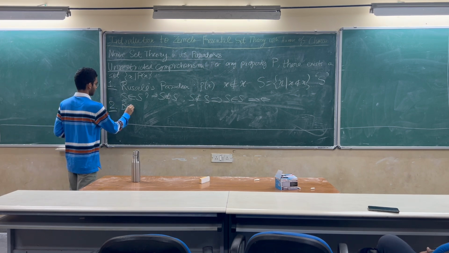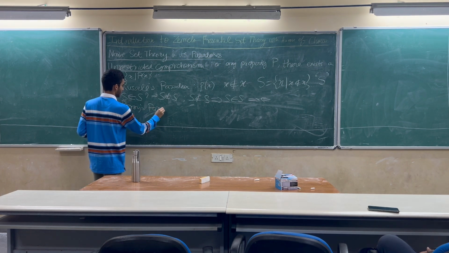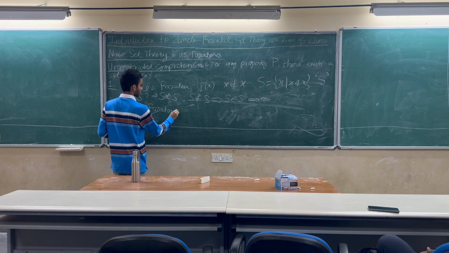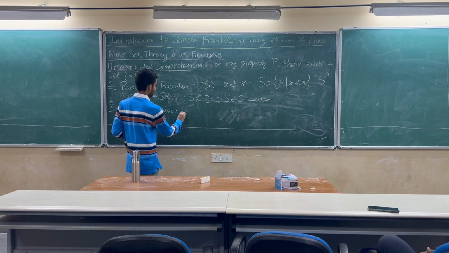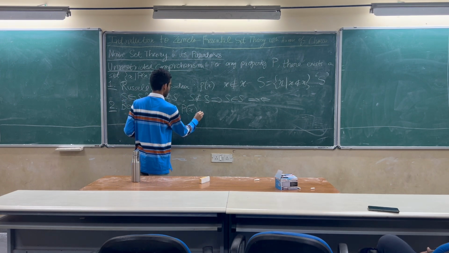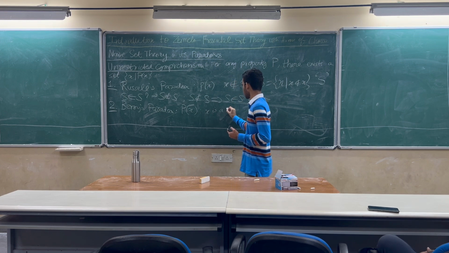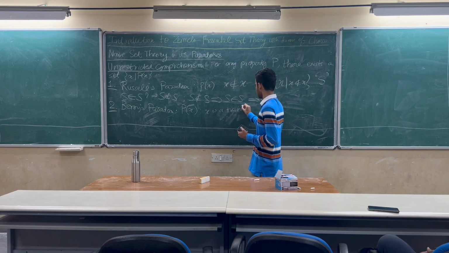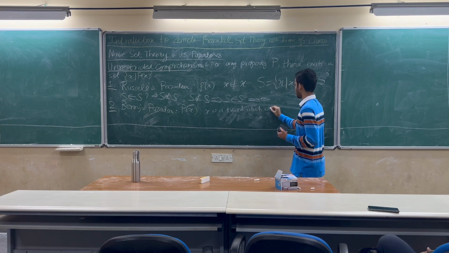Let me quickly tell you about another paradox called Berry's paradox, which is a semantic or linguistic paradox. That paradox is obtained by taking the property P of x to say that x is a positive integer which can be defined in at most 100 letters.